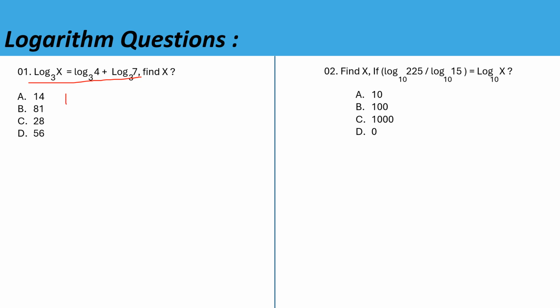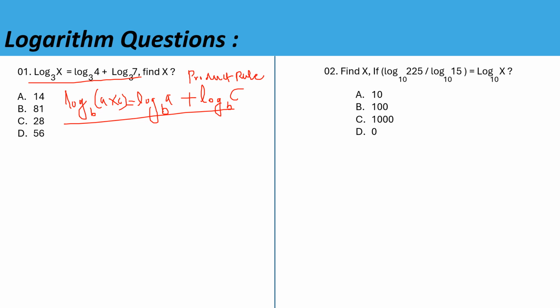So we will write log a into c to the base b is equal to log of a to the base b plus log of c to the base b. Okay, so this is the product rule.